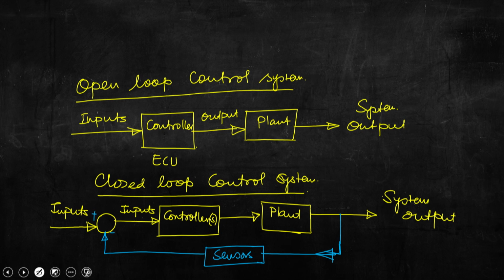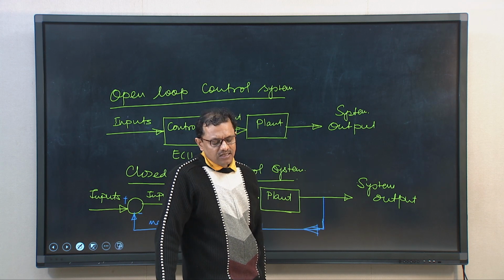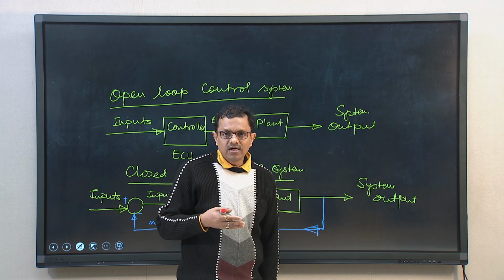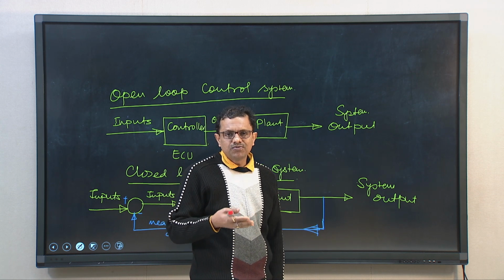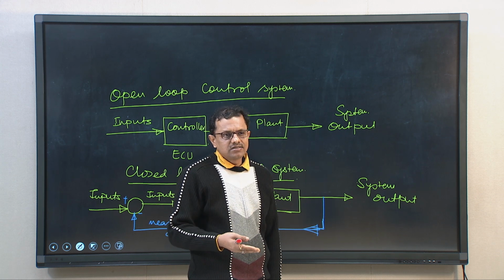So, that means you can see these are the measured outputs that we have discussed. Essentially this feedback loop allows us to adjust for changing conditions.